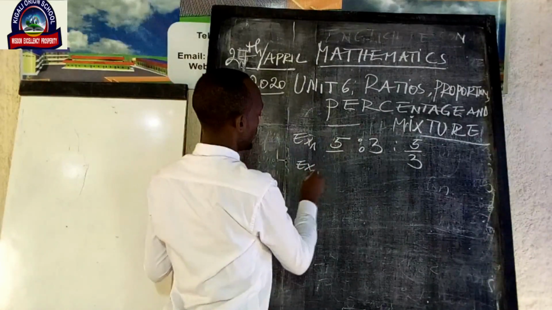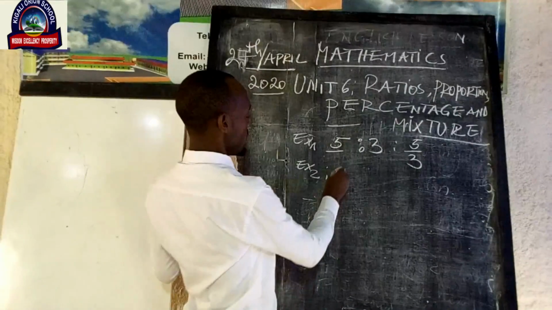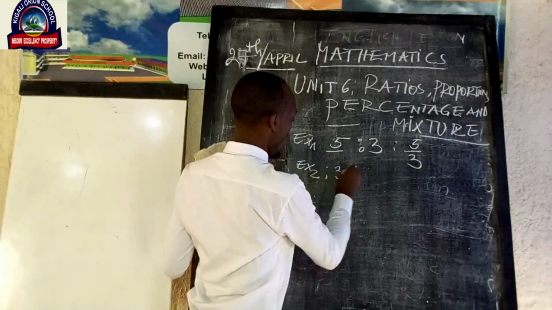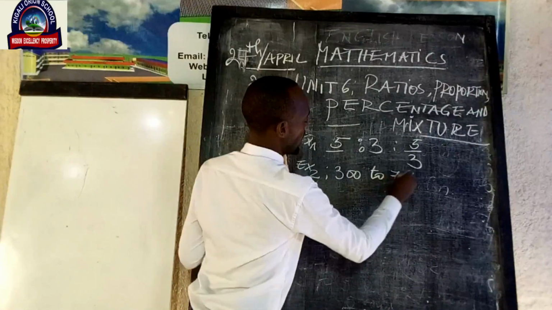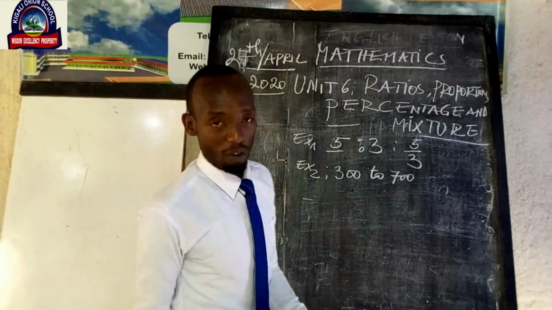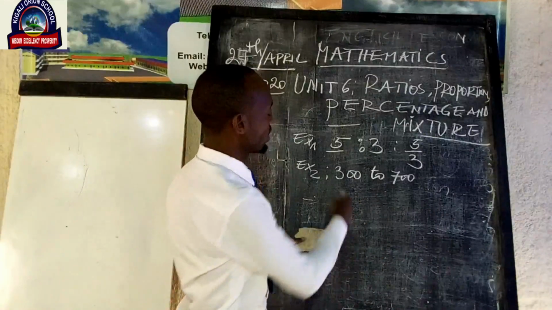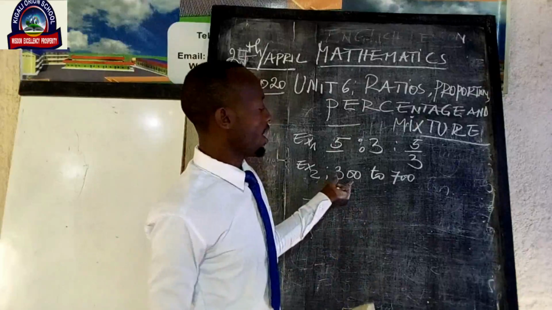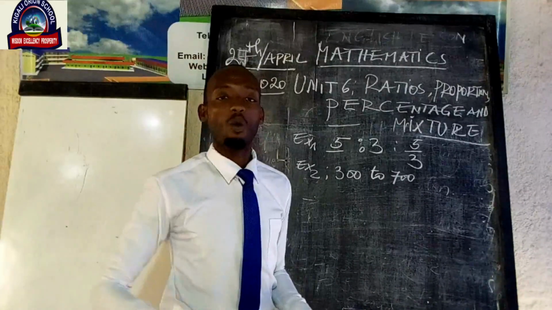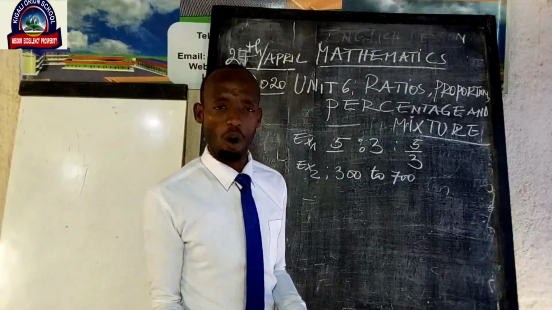Example number 2. I can say that 300 to, for example, 700. That is another way of writing a ratio. How can I write this one in form of fraction? As I've told you, when you have a number that can be simplified, we have to write a ratio in a simple form.